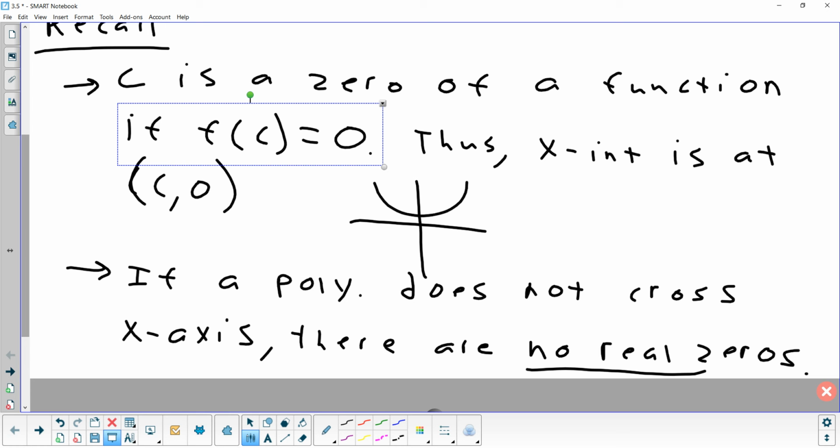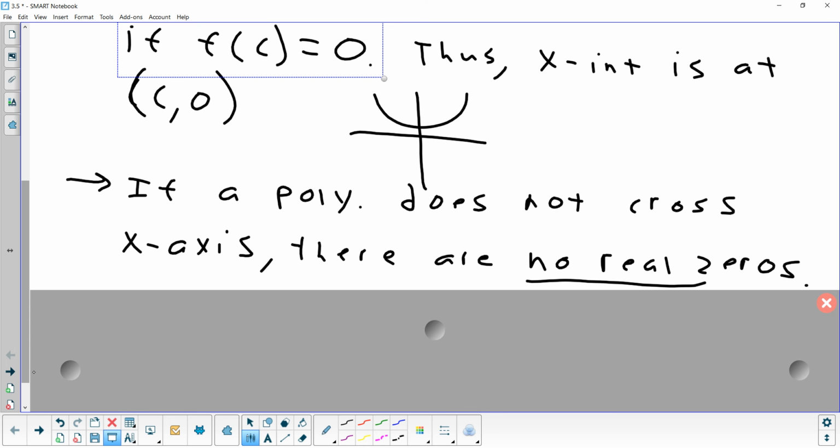The only way to get imaginary answers to a problem about roots is to solve it algebraically. And most of the time, that means using quadratic formula. Okay, any question on that idea?